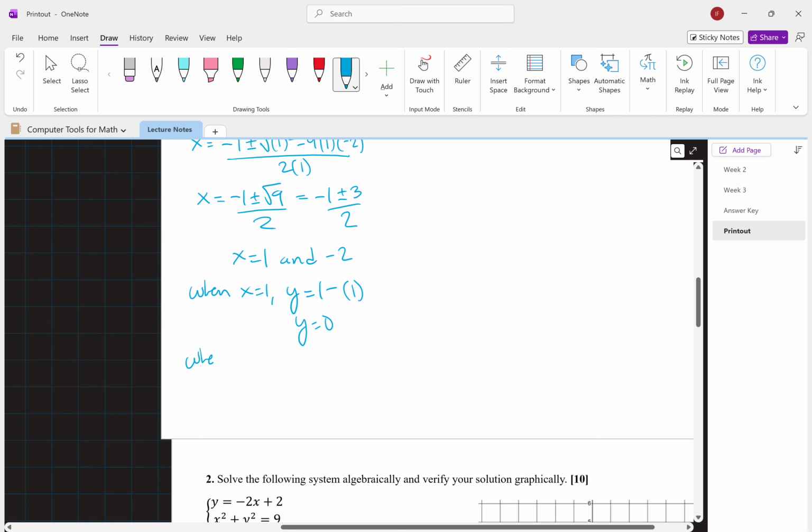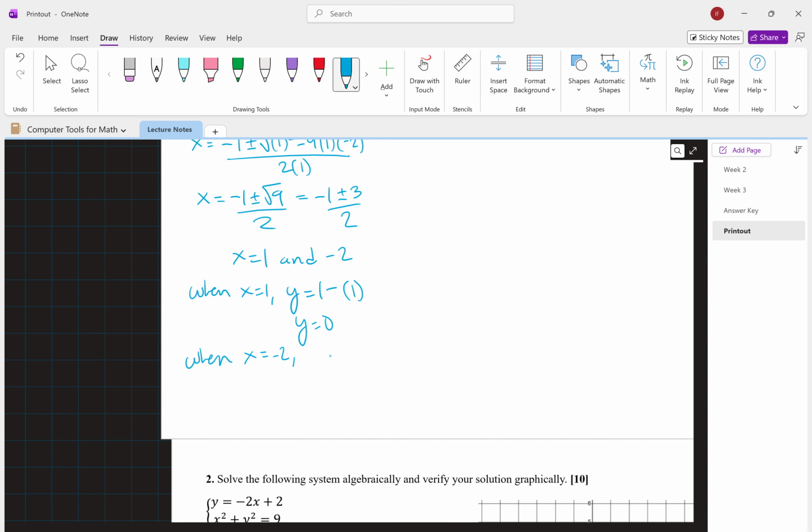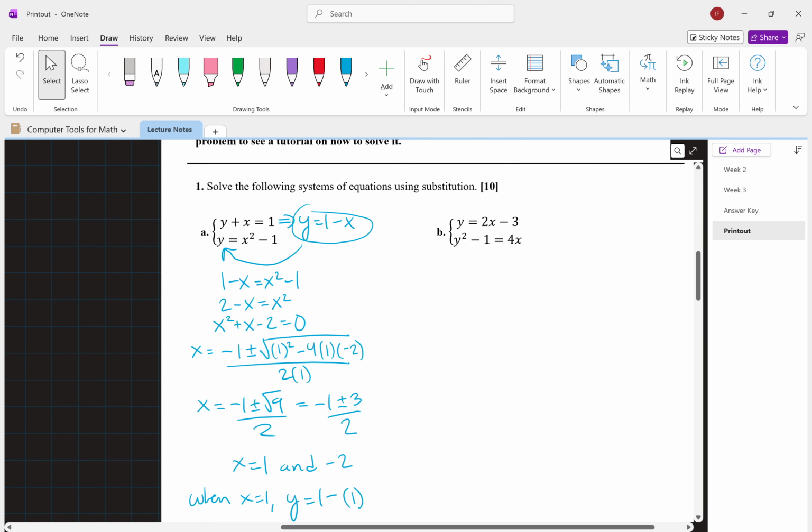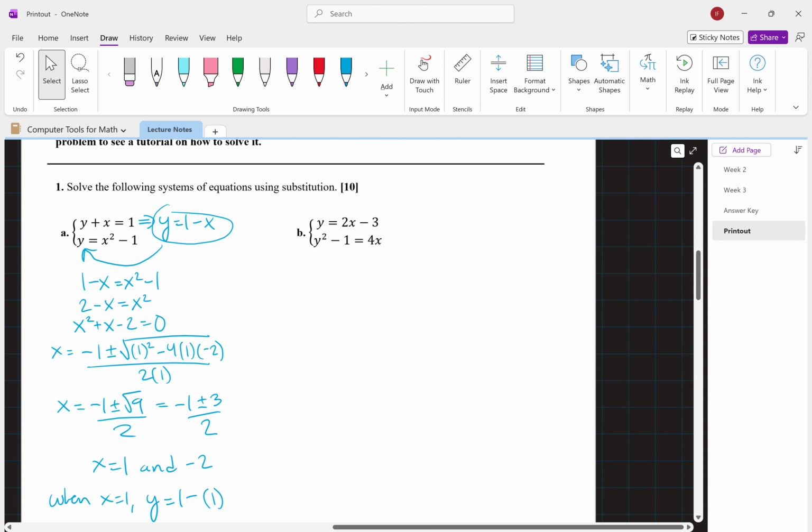And when x is equal to negative 2, y is equal to 1 minus negative 2, y is equal to 3. So our solution here is 1 comma 0 and negative 2 comma 3. So that's for part A.